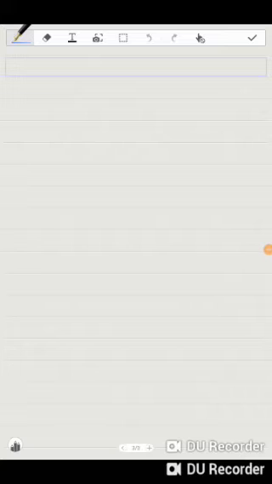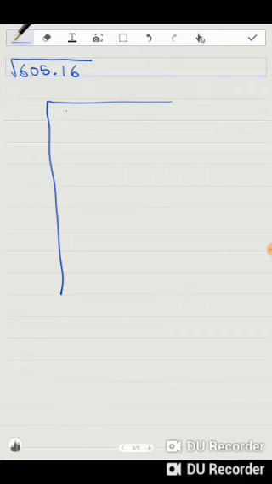So let us learn how to find the square root of decimal numbers. Now the decimal numbers work a little differently. Alright, let's say I have to find the square root of 605.16. Now we will begin in a similar fashion where we will write down the number and the square root we need to find out.